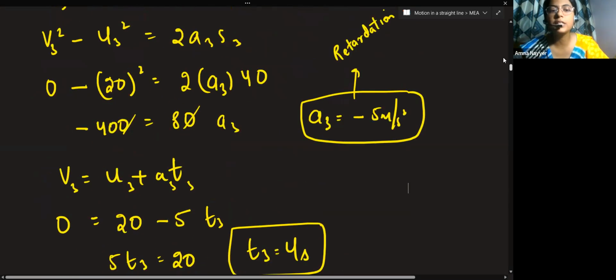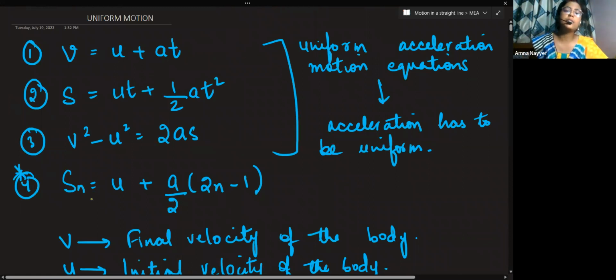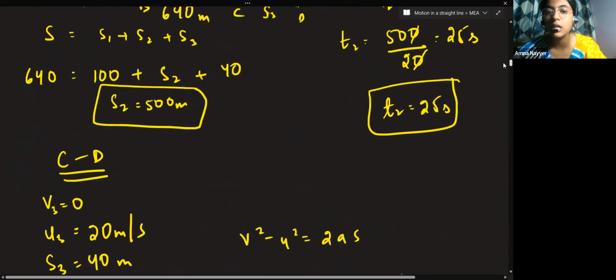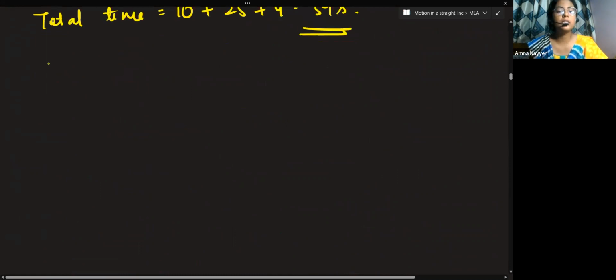Now, one equation I told you that we'll discuss later, remember this one: Sn equals u plus a by 2 into 2n minus 1. So this equation was left. Let's complete it as well: how to apply this equation, how to use it, and how questions can come on it.